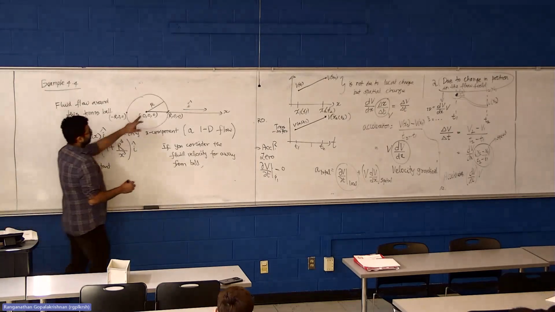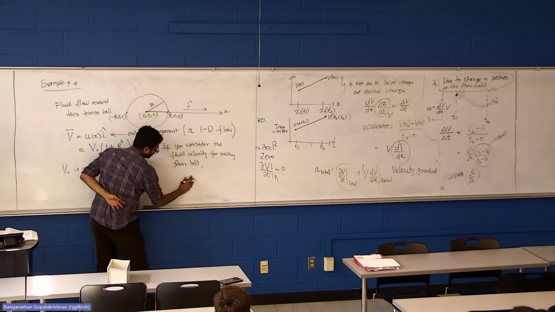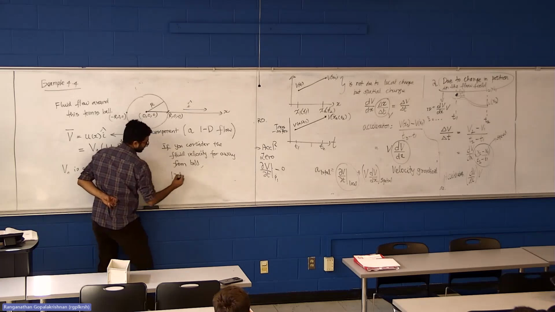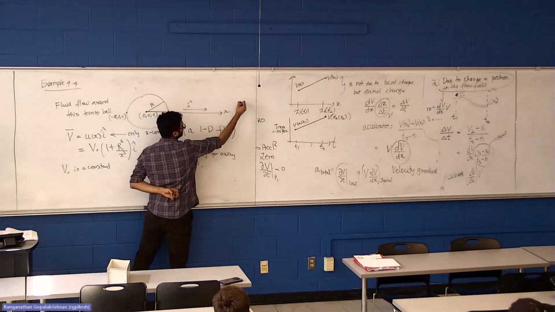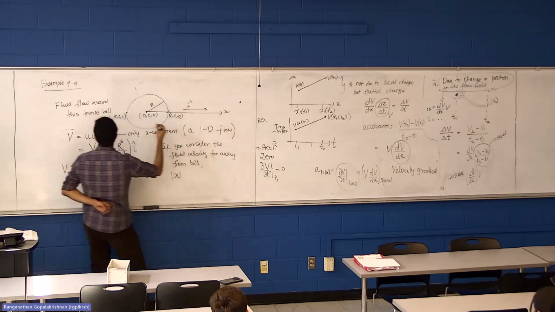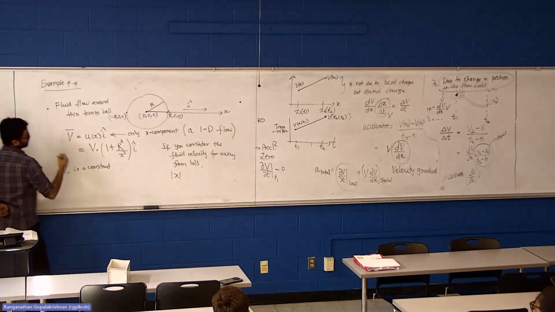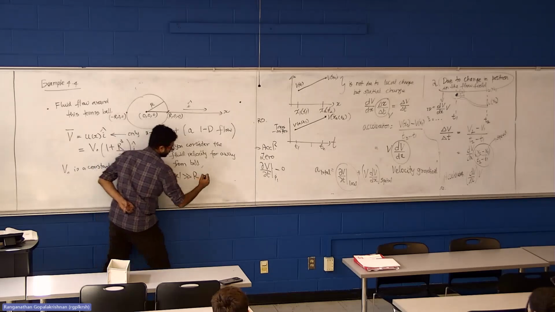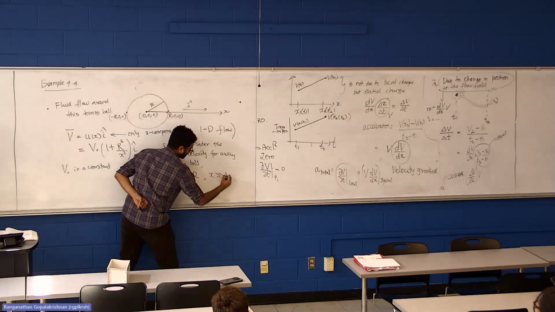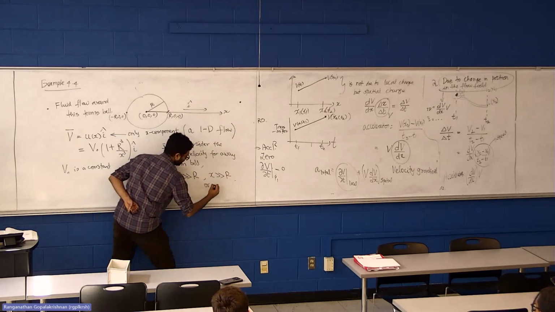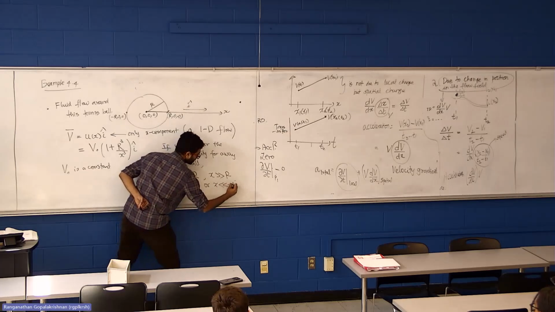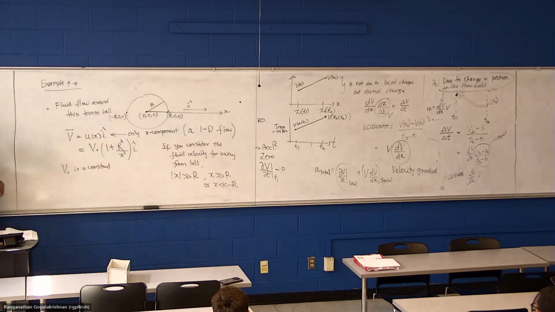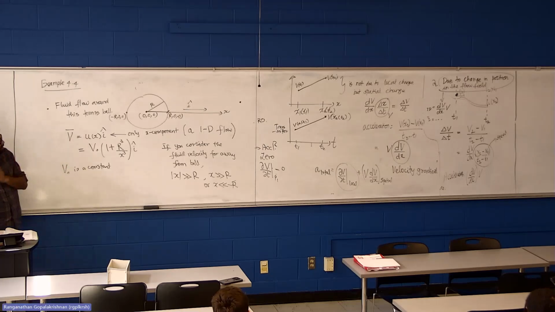That is, if this is the x coordinate, I'm asking you to think about any point that is either on this side or far away on this side. That is, the value of x is much greater than r, or x is much less than minus r. According to this function, what will be the velocity at faraway points?